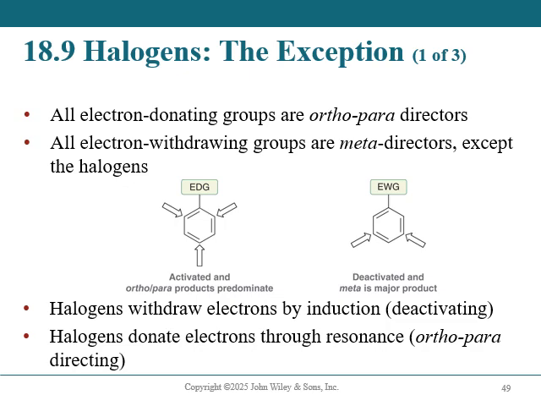But they donate electrons through resonance, so they are ortho-para directing. Typically, if something is deactivating, you would expect it to be a meta director, and if it's activating, you would expect it to be an ortho-para director. But halogens are deactivators but ortho-para directors. So that's a very important exception. Make sure that you keep it in mind.